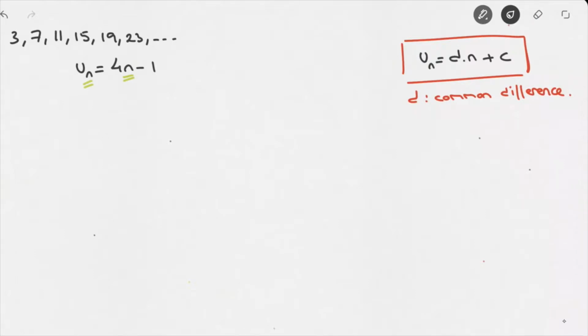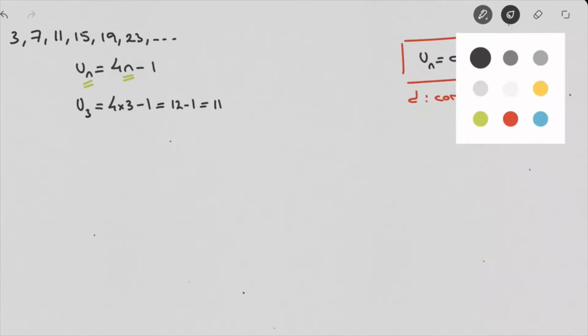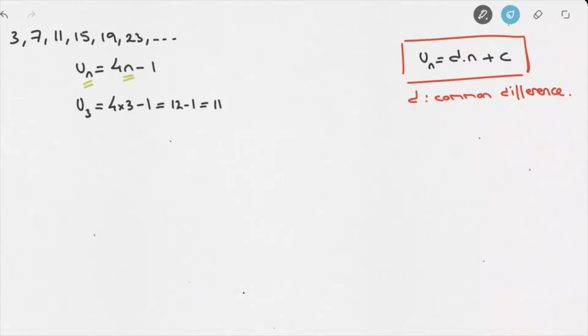That would lead us to this: u3, which simply means third term, equals 4 times 3 minus 1, leading us to 12 minus 1, which is equal to 11. And now, looking at our sequence here, we can definitely see that the third term is indeed 11, which is what the formula just gave us.